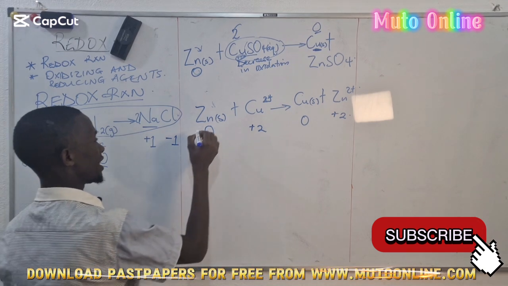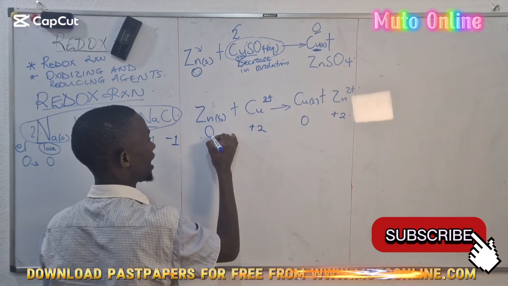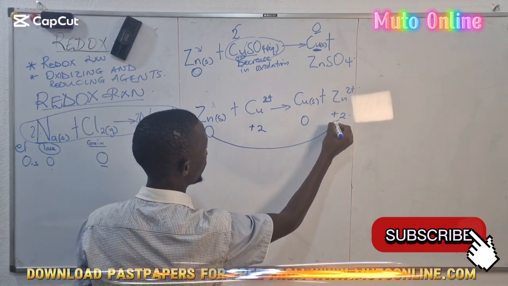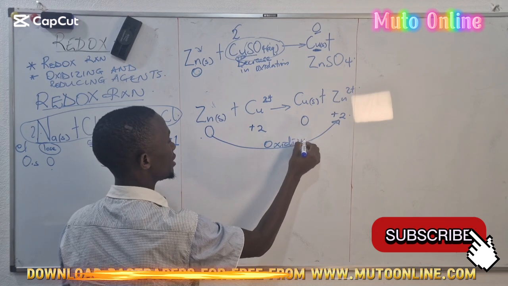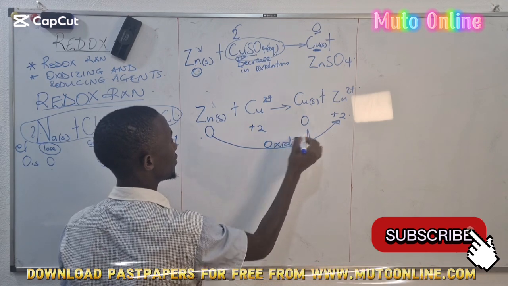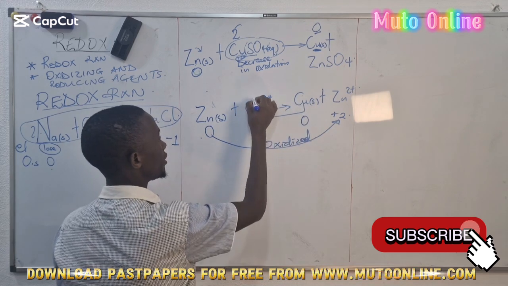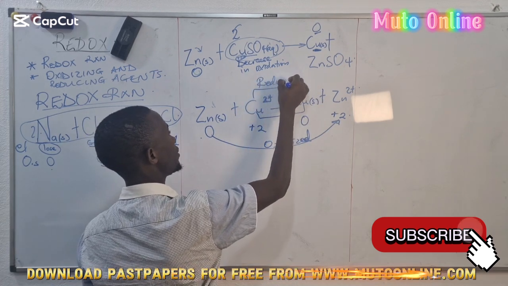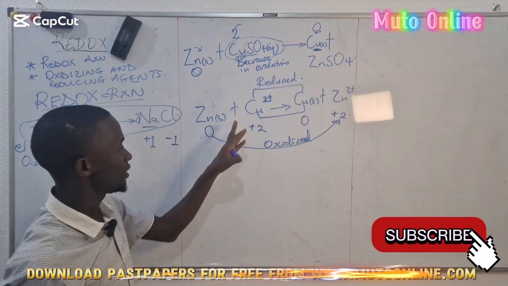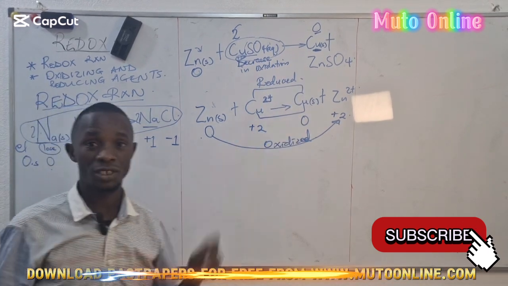So this means that since there is an increase in oxidation state of zinc, zinc is being oxidized as copper is reduced. Why is it reduced? Because its oxidation state is decreasing from a positive 2 to a 0.